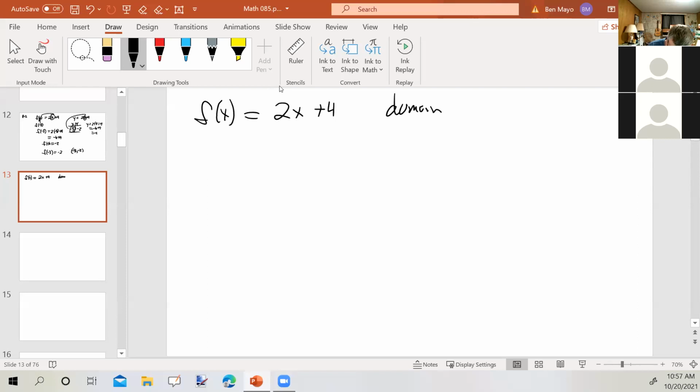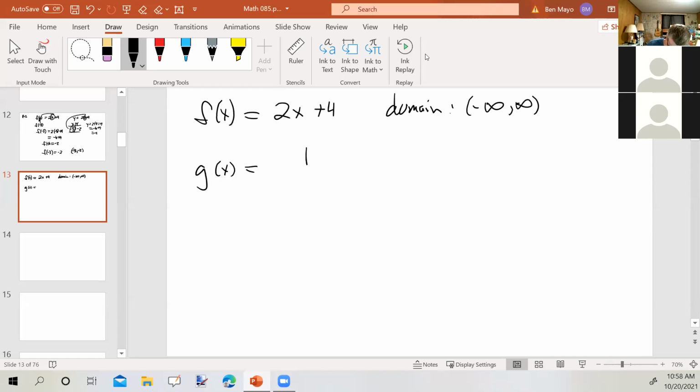And we want to know what the domain is. Well, we've only dealt with the restrictions of dividing by 0. Since there's no variable in a denominator in this function, there's no way we can end up dividing by 0. So there's no restrictions. So the domain would be all real numbers.